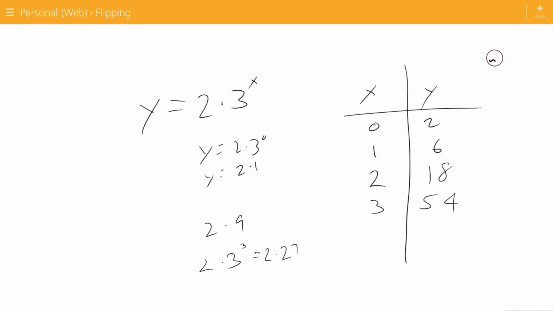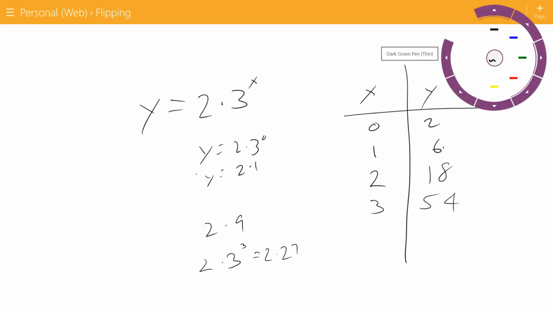And it all connects to, check this out. If I go from 2 to 6, what operation can I do to change the value from 2 to 6? And to go from 6 to 18. And to go from 18 to 54.